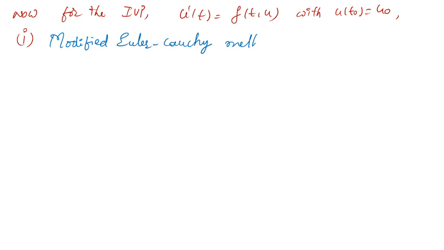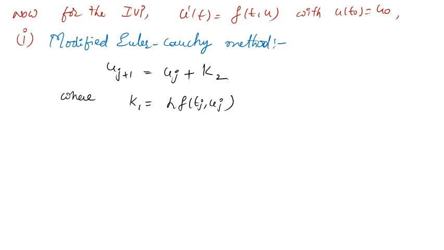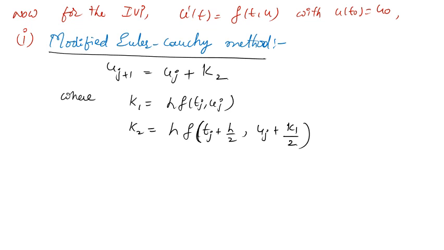What is the formula? u_{j+1} equal to u_j + k2, where k1 equal to h into f(t_j, u_j), and k2 equal to h into f(t_j + h/2, u_j + k1/2). This is the modified Euler's method.